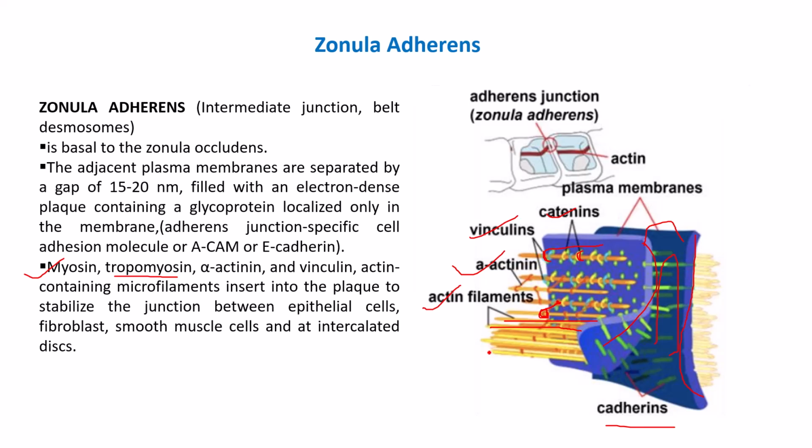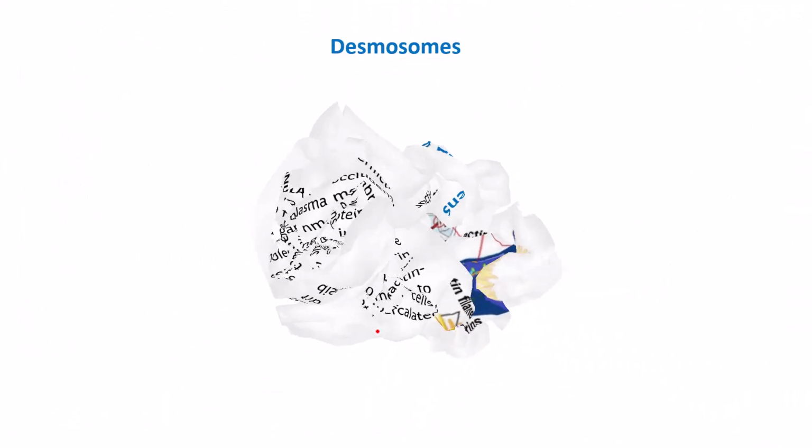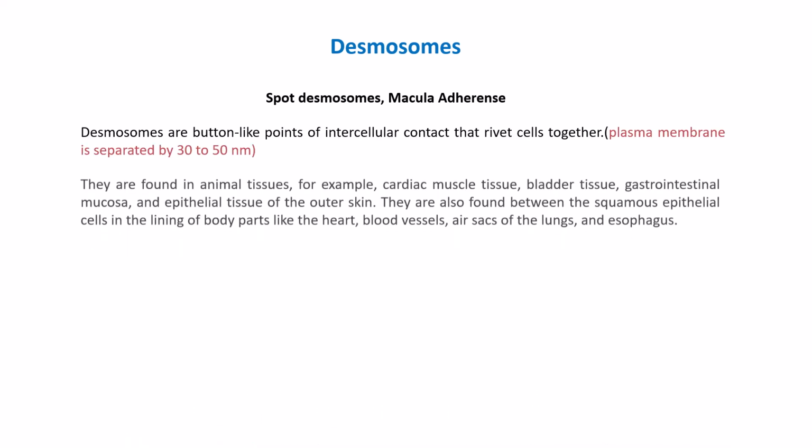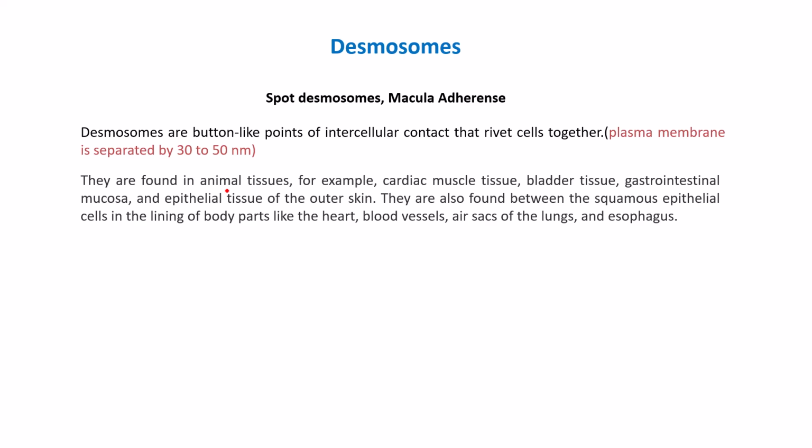They are mostly present in fibroblasts, smooth muscle cells and epithelial cells, and they form a disc-like structure. Now comes the desmosomes. They are also called spot desmosomes or maculae adherens, and they look like a button because they form plaques, and they are present between plasma membranes which are separated by around 30 to 50 nm space.